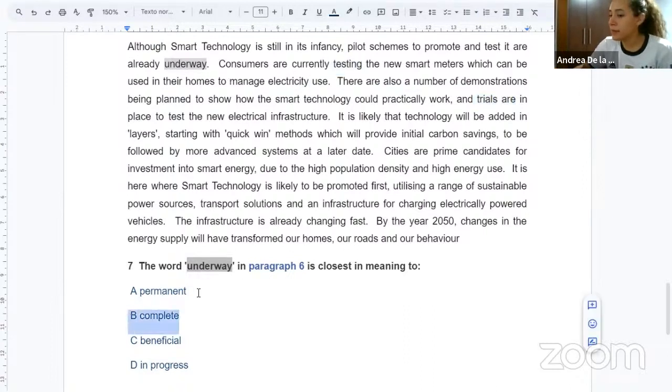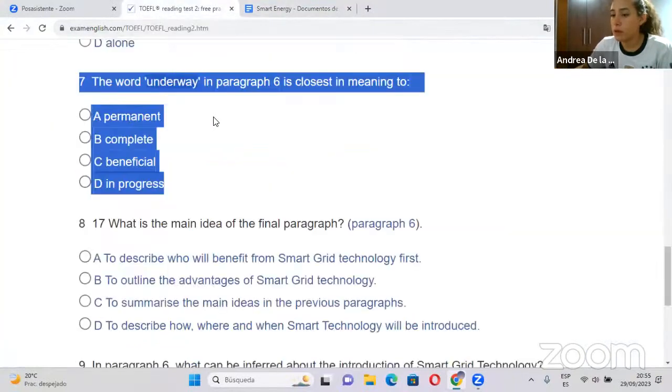They're not complete, they're not permanent, that's not related, and they're not beneficial. That's not related to the topic either, right? They're in progress. They're being tested, they're being demonstrated, so they're in progress. Exactly, option D.